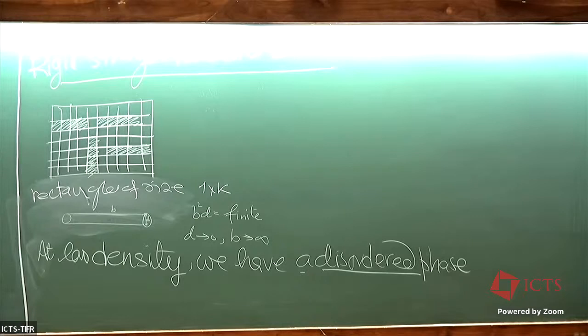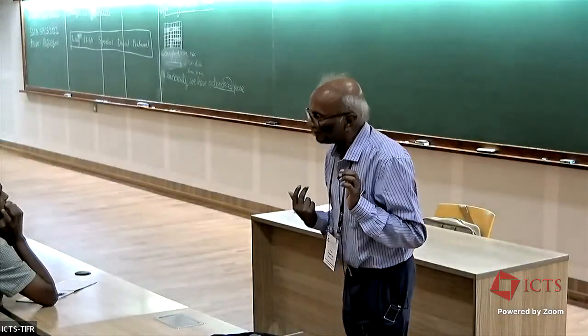So these were cylinders which were symmetric and not optically active. Even in the disordered phase, they don't show the rotation of the polarization, and in the nematic phase, they do.